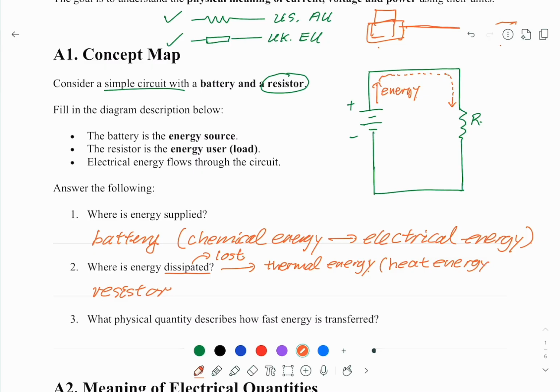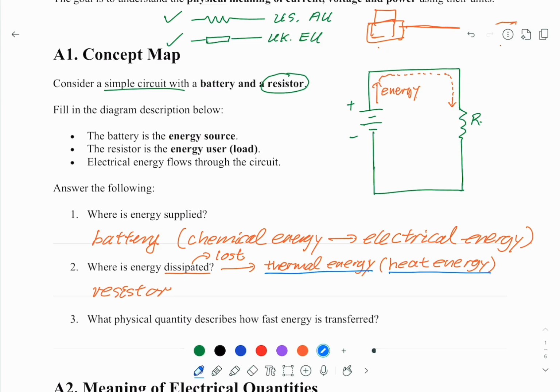But I want to address here, technically, we should say thermal energy instead of heat energy, because heat energy technically is not correct. Heat is a process, it's not an energy. So the energy related to the heat transfer is called thermal energy.